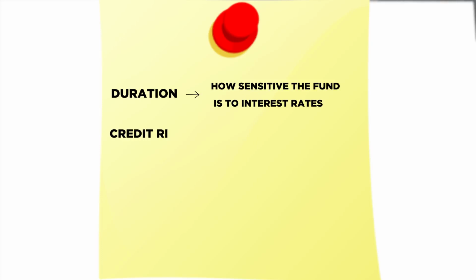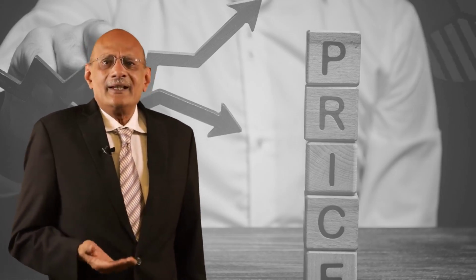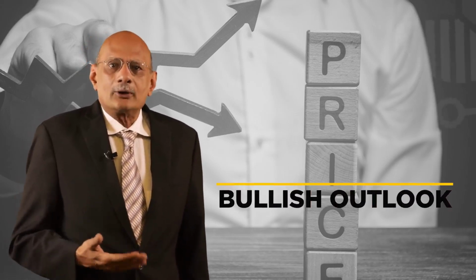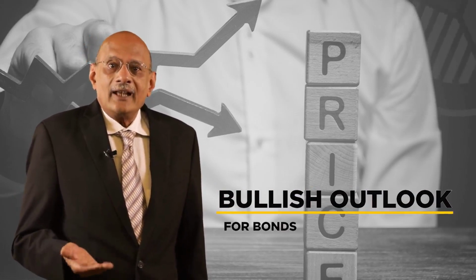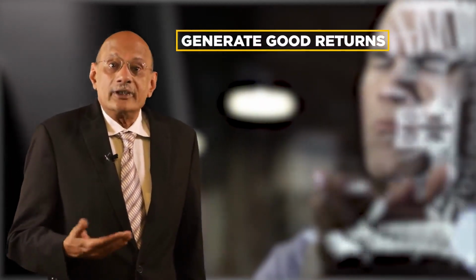Likewise, credit risk refers to the likelihood of default of the companies whose debt securities have been held in the fund. Another way to think about this is that if one has a bullish outlook for bonds, then the investor should be positioned in long duration, high credit risk funds and vice versa in order to generate good returns.